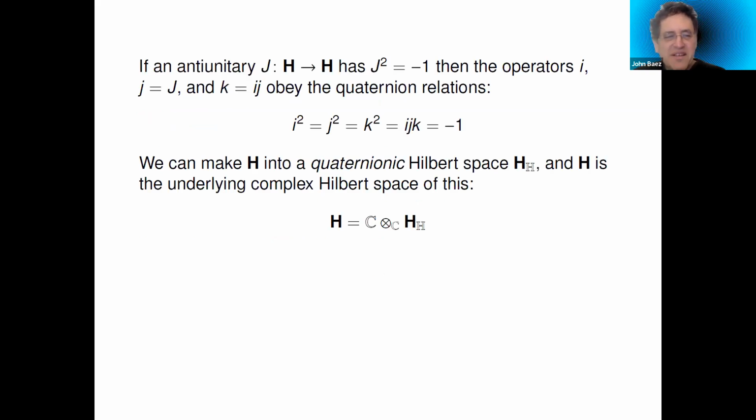Right. And then on the other hand, if we have this anti-unitary on our Hilbert space that squares to -1, then we get an action of the quaternions on our Hilbert space, where we use ordinary multiplication by i, and this j is our j, and we get a guy called k, which is i times j, and they generate a copy of the quaternions. So then we can promote our complex Hilbert space to a quaternionic Hilbert space, which is a well-defined concept.